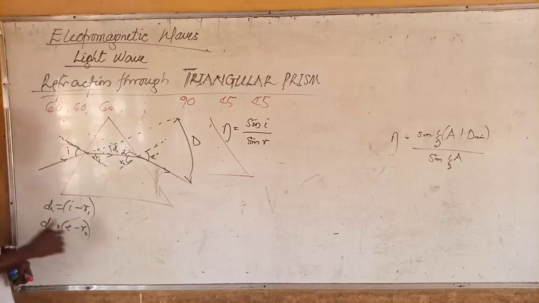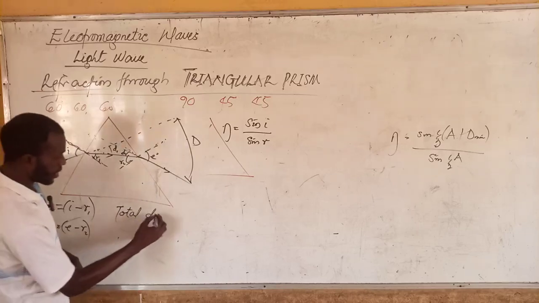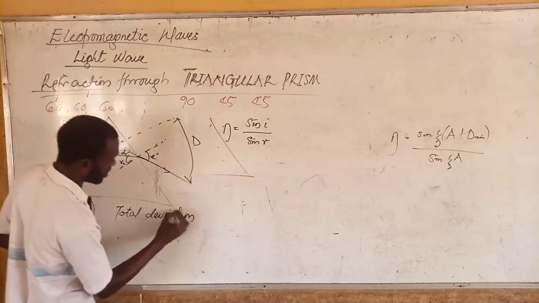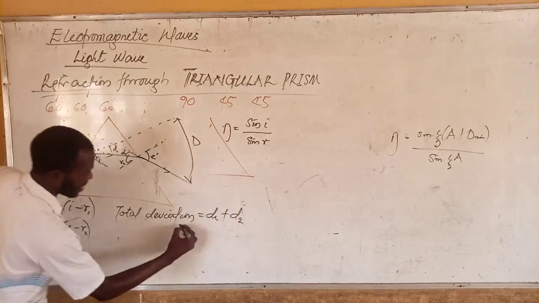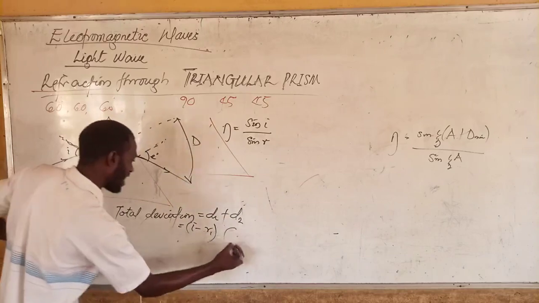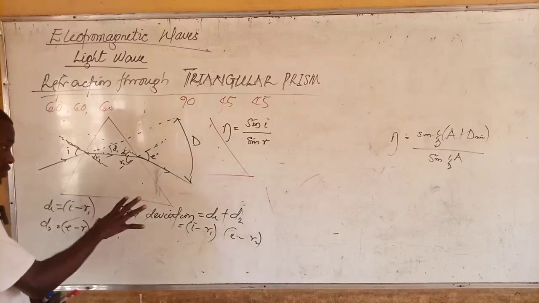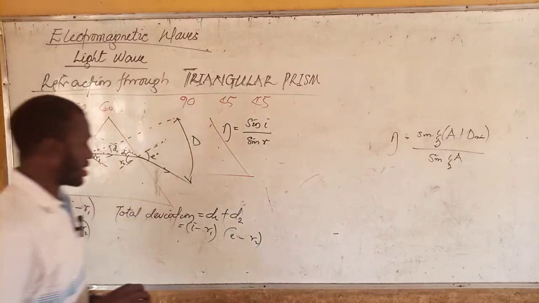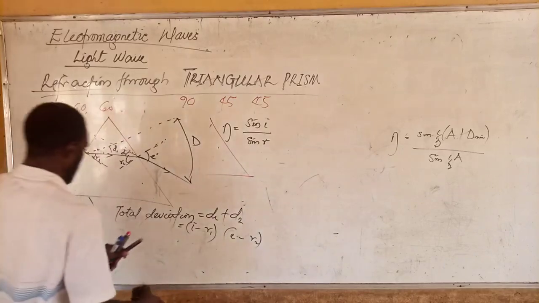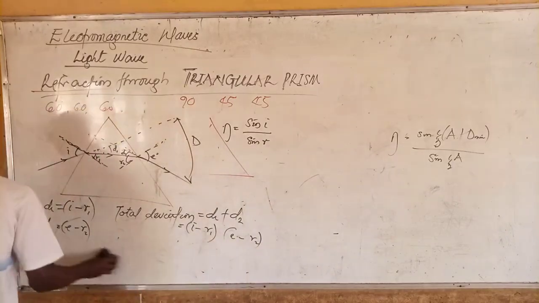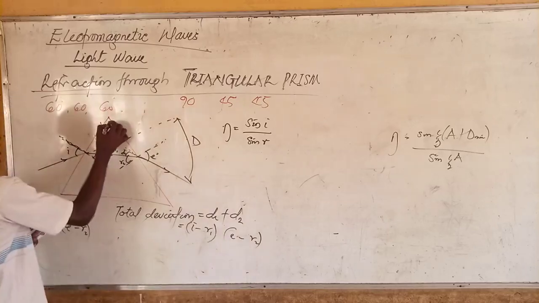So the total deviation is going to be the addition of the first deviation and the second deviation, and that becomes I minus R1 plus E minus R2. All right. Now that we know this, we know that the deviation from the normal path is given by this formula.